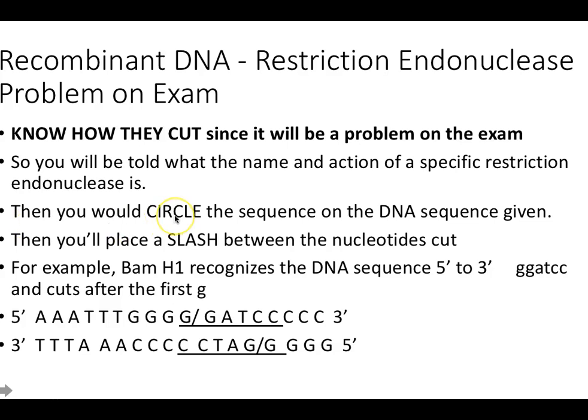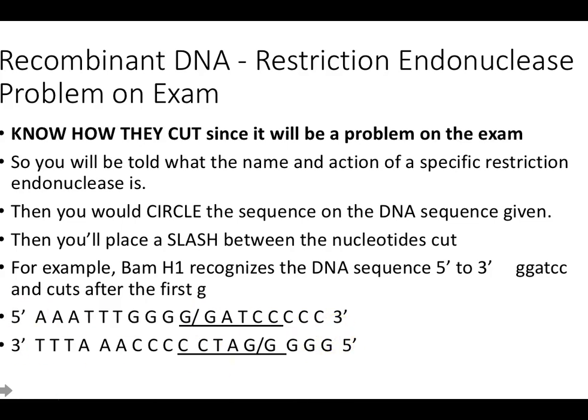I'm going to tell you the name and the action of a specific restriction endonuclease, such as BamHI, which recognizes, and this is what will be on the exam, the DNA sequence 5' to 3' of GGATCC, and it cuts after the first G. So you're going to circle, and I couldn't figure out how to circle, so I put an underline, on the sequence of the DNA that's going to be recognized by the restriction endonuclease, and then you're going to put a slash between the nucleotides cut.